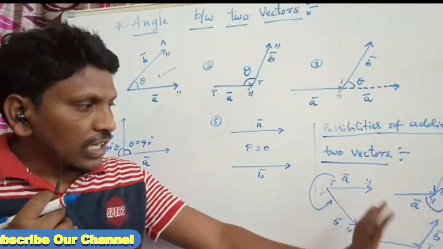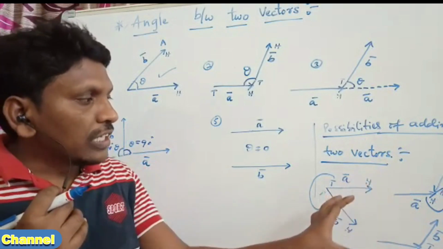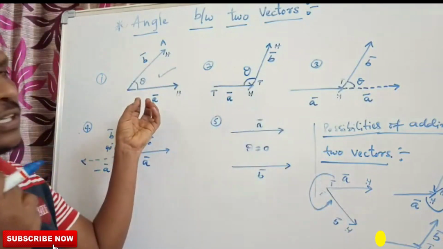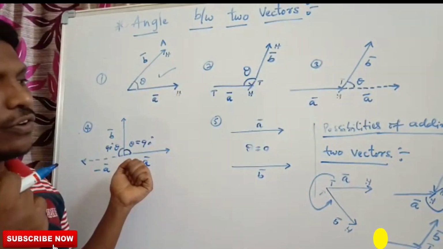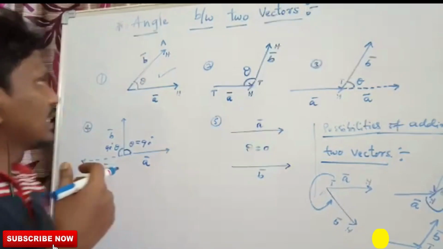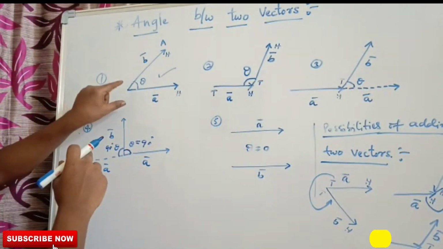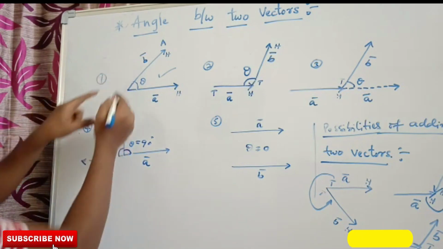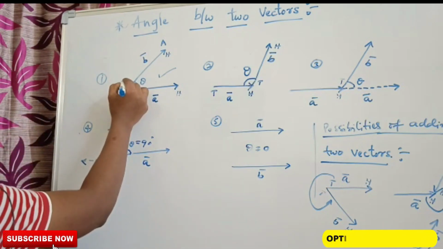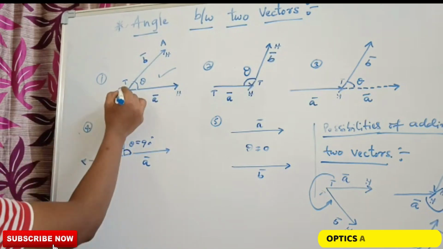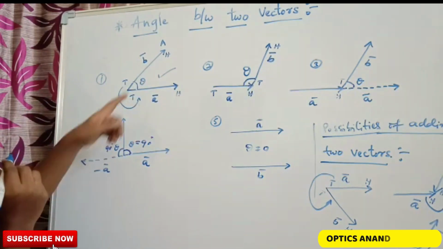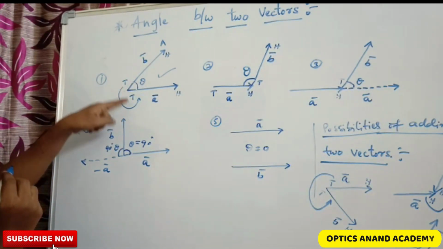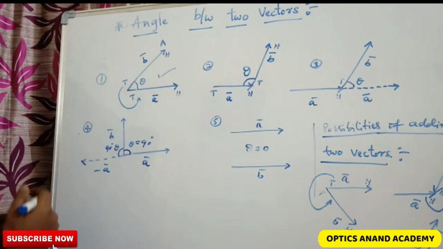Now out of these three possibilities, which diagram gives an angle, we will see now. First diagram: A bar is a vector and B bar is a vector, added with respect to tails. Yes, it gives an angle. When two vectors are added with respect to tails, it gives an angle.